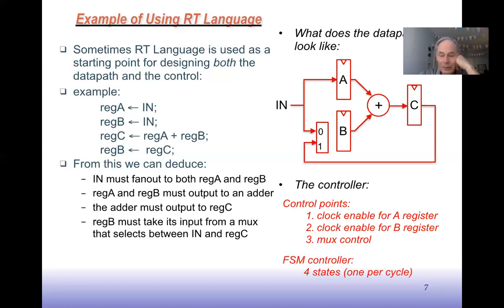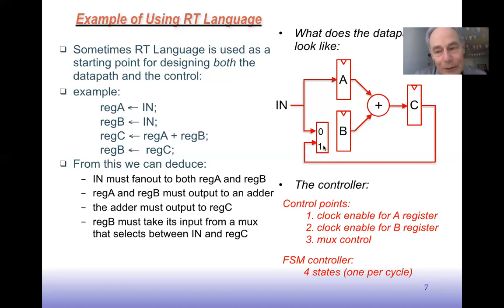And then once we had the control points, we could make a finite state machine. In this case, it would have 4 states, 1 state for each clock cycle, that would set the appropriate control points to make this transfer happen. So for this first clock cycle, we would enable register A, but not enable register B. Right?